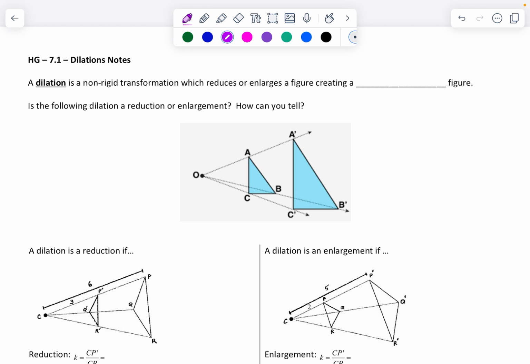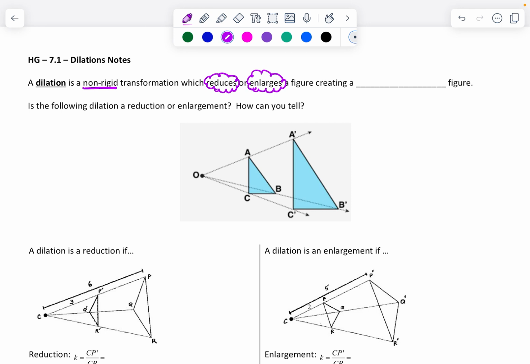The transformations that we did last semester were translations, reflections, and rotations. And all three of those transformations didn't change the shape or the size of the figure. Well, today it's going to be different. Today we're talking about dilations, which is a non-rigid transformation, which means it's going to change the size, and it's either going to reduce or enlarge a figure, okay?